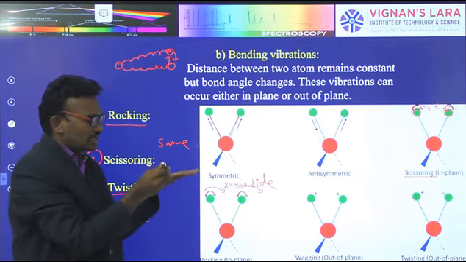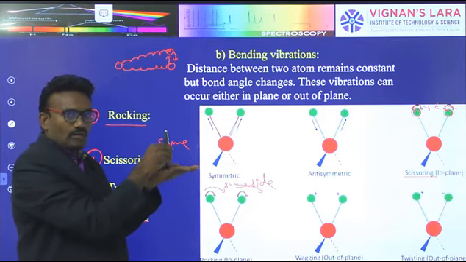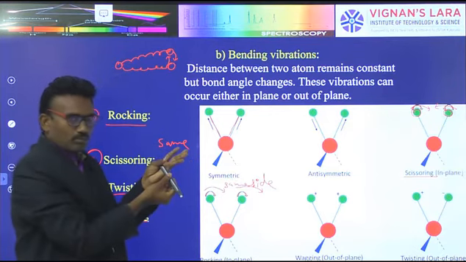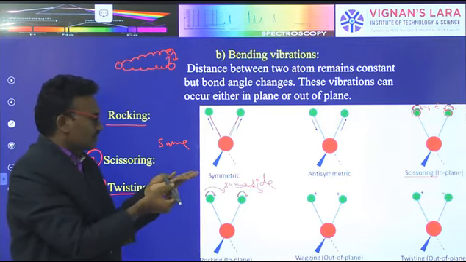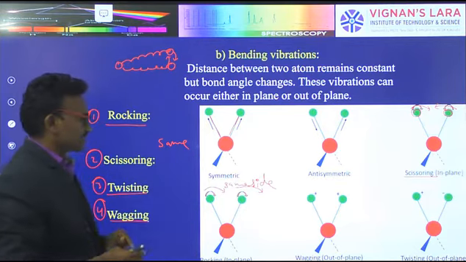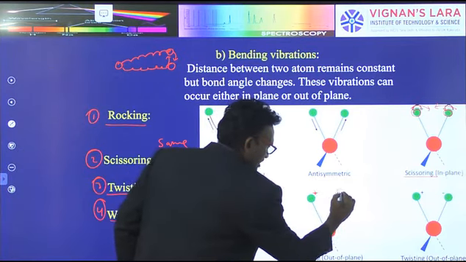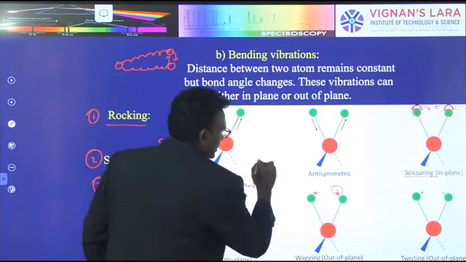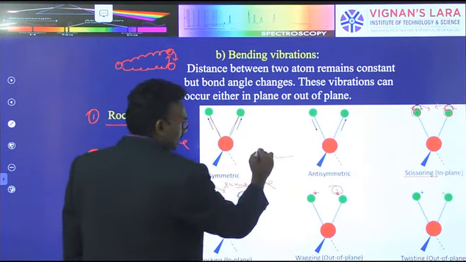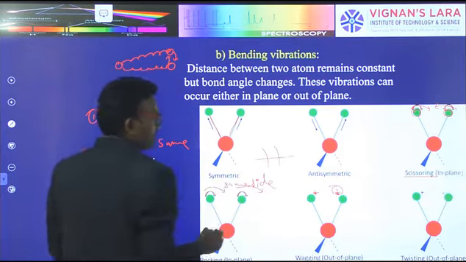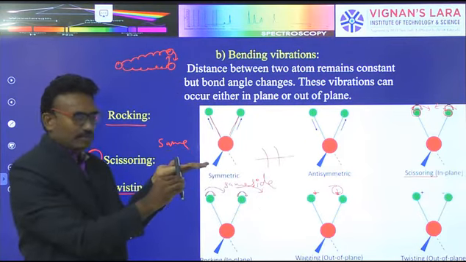For example, these are the two atoms. The two atoms are bended up and bended bottom. So both are bended to the same side. That is called wagging. Both atoms are bended to the same side in the plane.